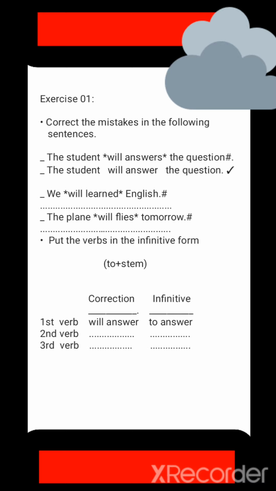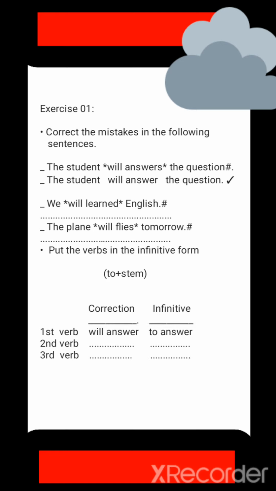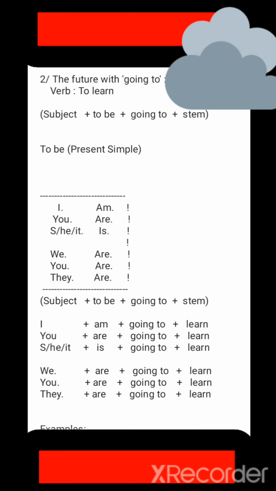Once we corrected the verbs, we give the infinitive form. For example, will answers, the infinitive form is to answer, and we have to do that with the other examples.